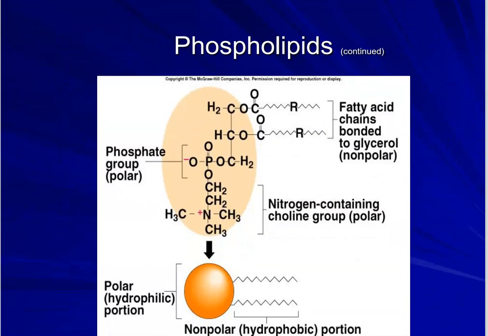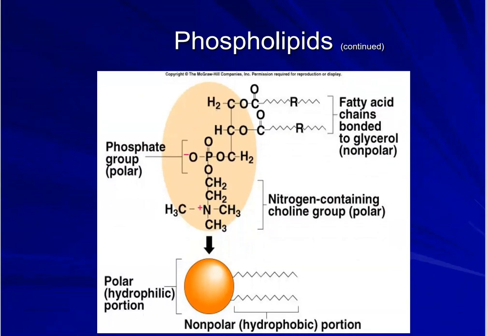But right here, phospholipids. Here we are. So we have the polar head group, that's this part right here, and then these 2 squiggly tails right here, that will be the non-polar hydrophobic portion of the molecule. If you want to add more detail, you can put this complex organic polar head group right here, and then here would be your 2 fatty acid tails.